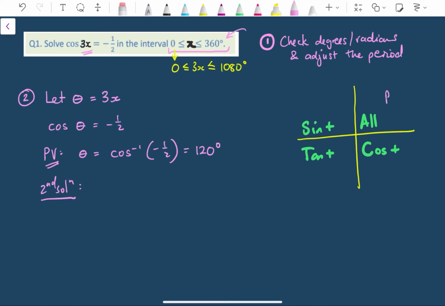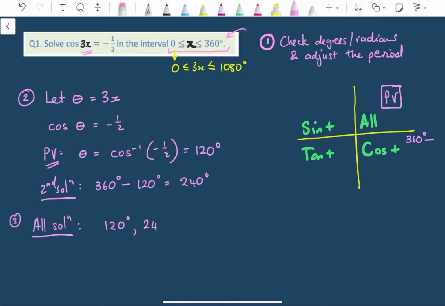I always get my first solution, which I call my PV, and then to find my second solution for cos, I need to do 360 minus. We discussed this, so hopefully this will be familiar to you. So my second solution for theta will be 360 degrees take away 120, which gives me 240. I then list all my solutions that I've found so far, which is 120 and 240.